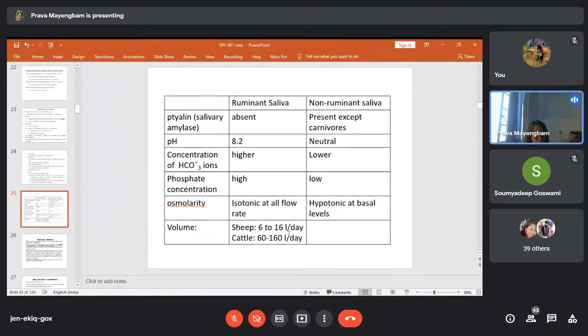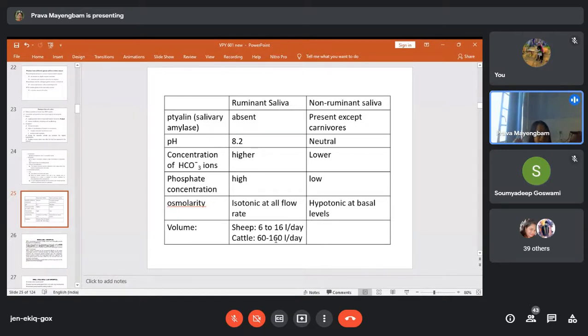And then volume: in cattle, 60 to 160 liters. So you can imagine that at least a minimum of 100 liters per day will be secreted. Just imagine 100 liters of saliva. Why?